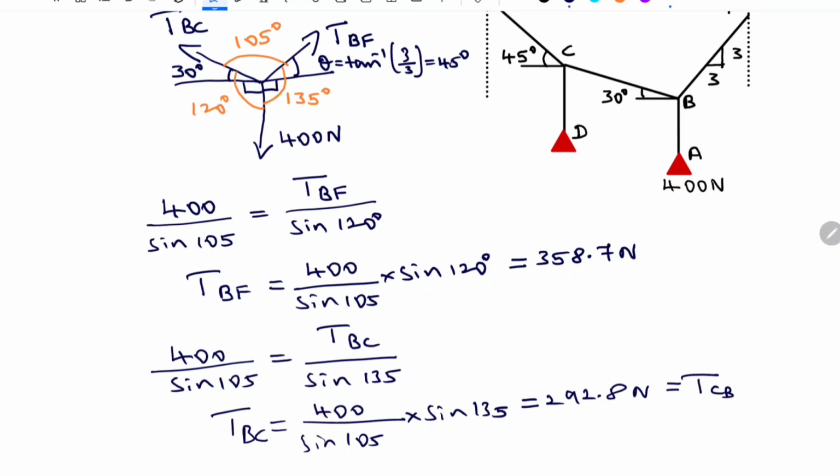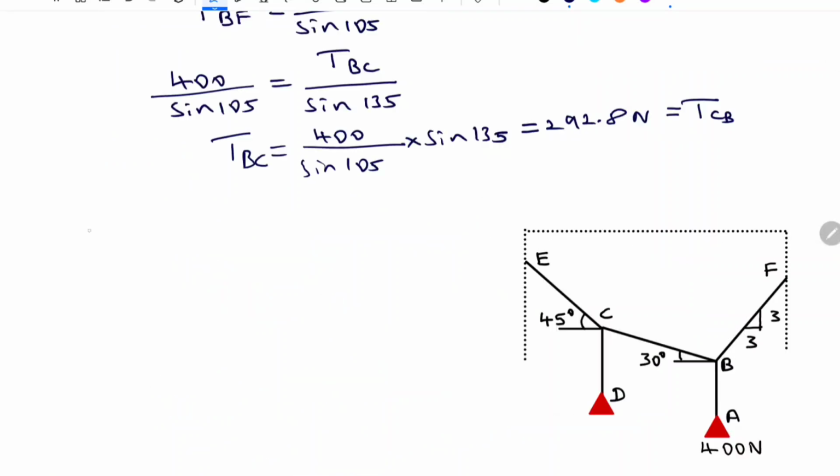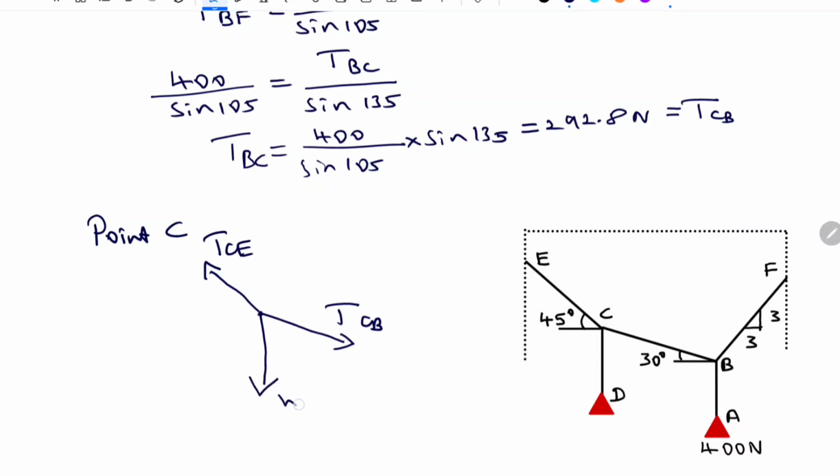With this, now let us draw the free body diagram for point C. Now consider point C. From C, a tension TCB is acting like this. Similarly, another tension TCE is acting in the upward direction, and the WD is acting in the downward direction.